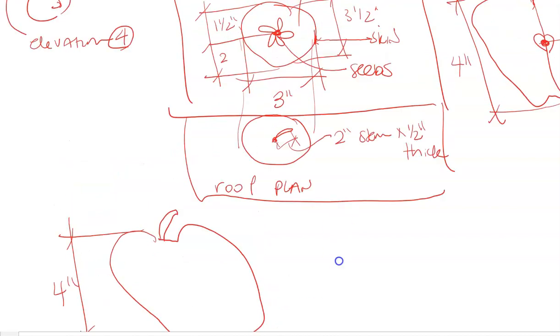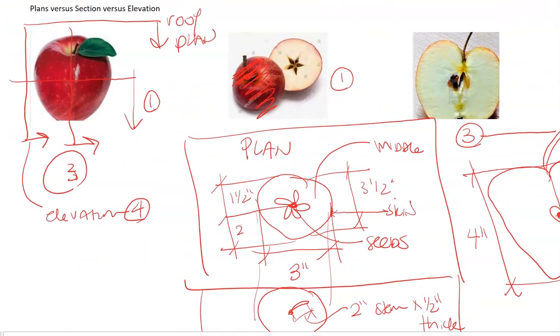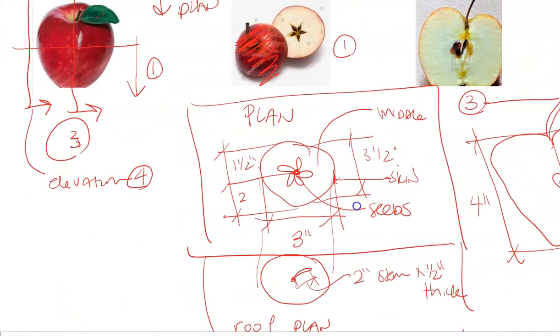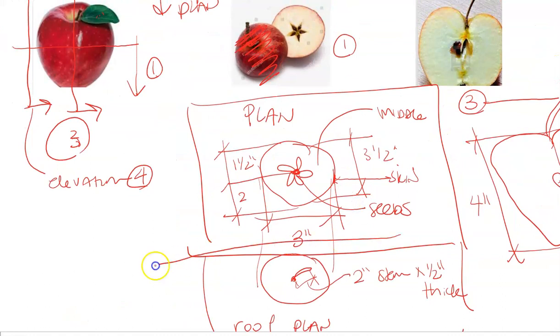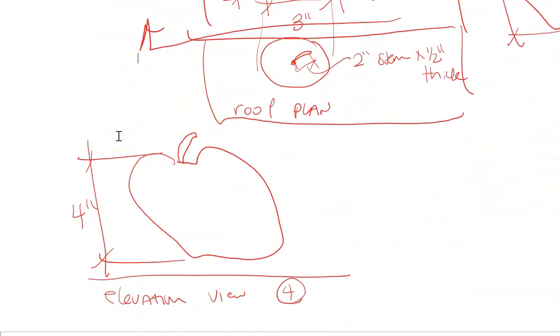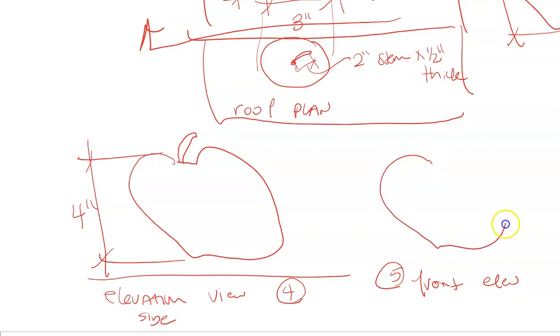But from this view, looking this way, I might not see this leaf. So if I wanted to see that leaf, then maybe I would need to look at an elevation view looking straight at it this way. So I could draw 4 elevations, even more if I wanted. So maybe this is a side elevation, and maybe I want to show a front elevation because I really want to see that leaf.